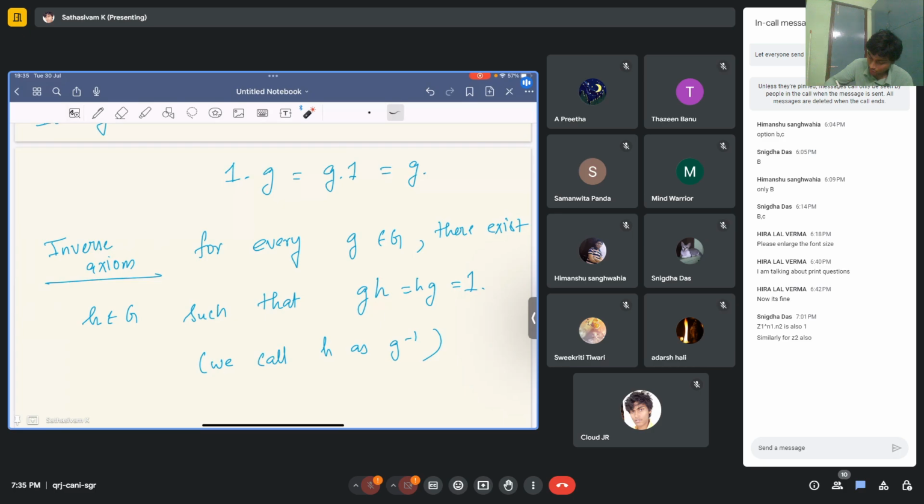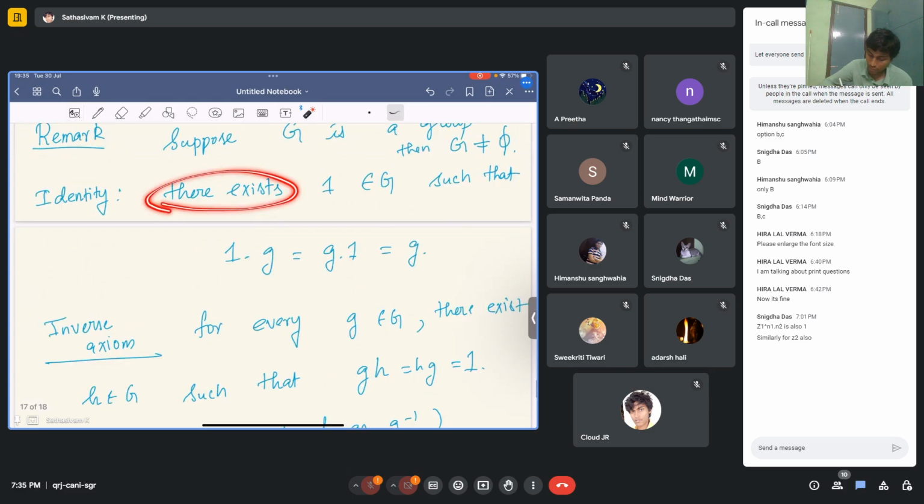But if you look here, what it says is for every g in G. Okay, so this statement does not imply that G is non-empty, because even if G is empty, what it says is, you take any g in G, there exists an h. Even in the empty set, the statement holds. But the identity statement by itself says that G is non-empty.